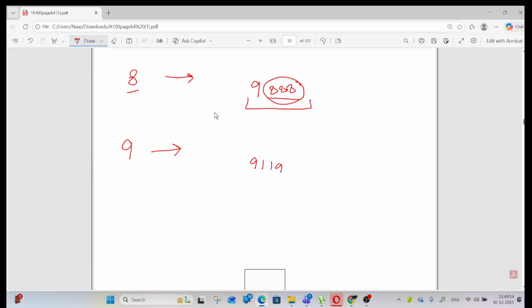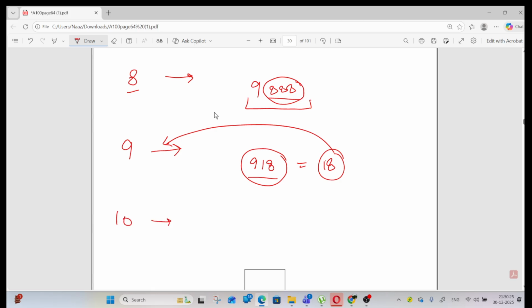If I add them, 9 plus 1 is 10, and plus 8, I get 18, which is divisible by 9. That means this whole number, 918, is divisible by 9 also.